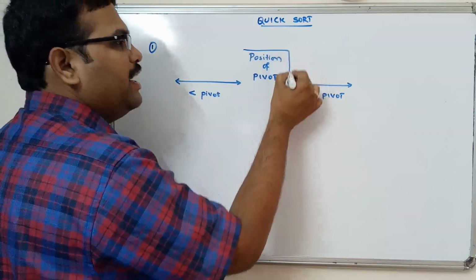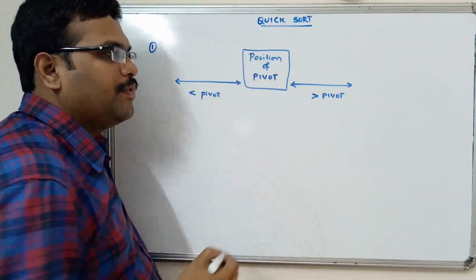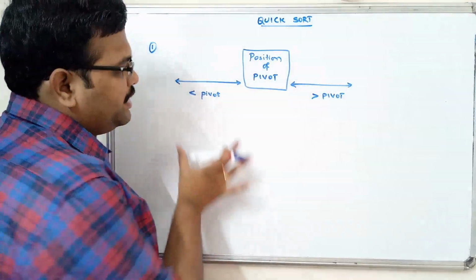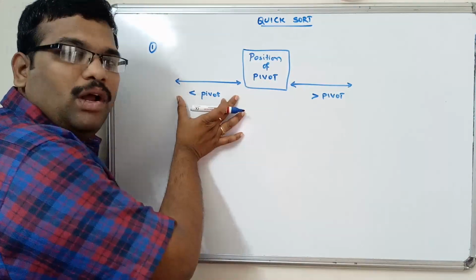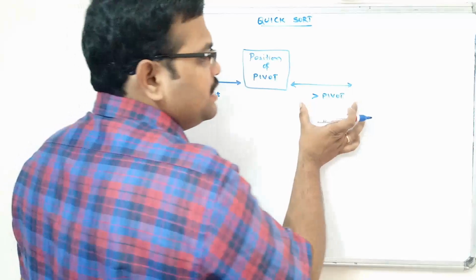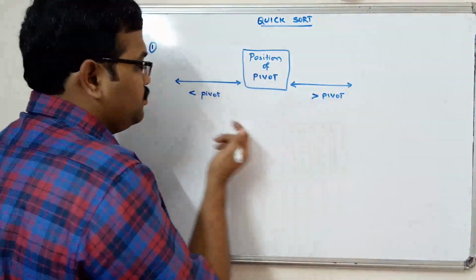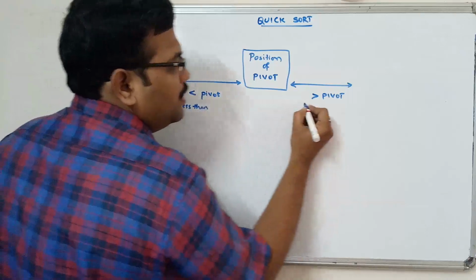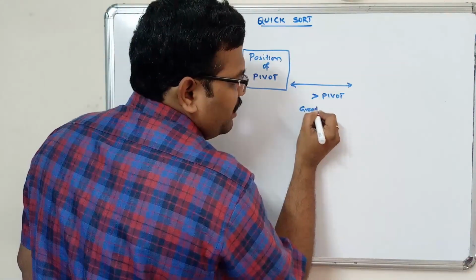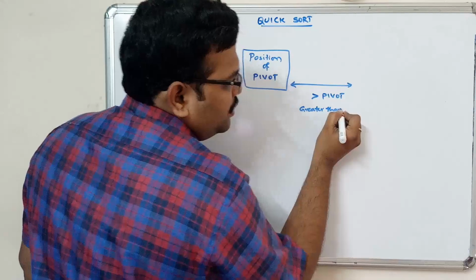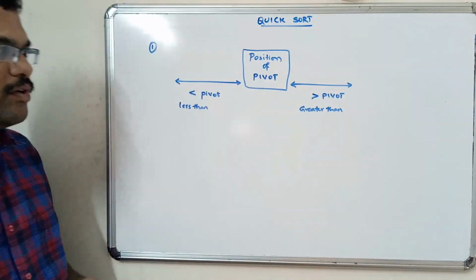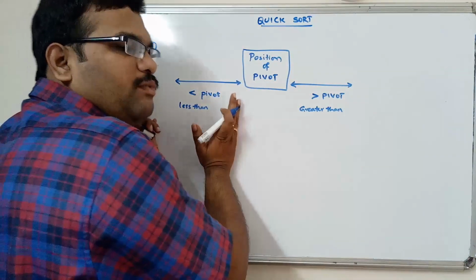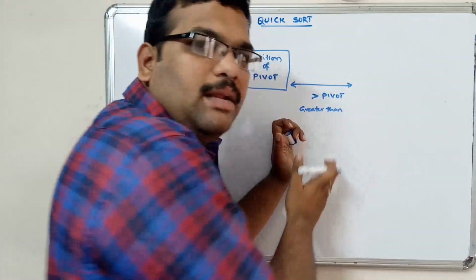First we have to find this position, then consider the left as one partition and the right as another partition. See, this is less than the pivot, this is greater than the pivot, don't get confused. Less than pivot is one partition, greater than pivot is another partition.